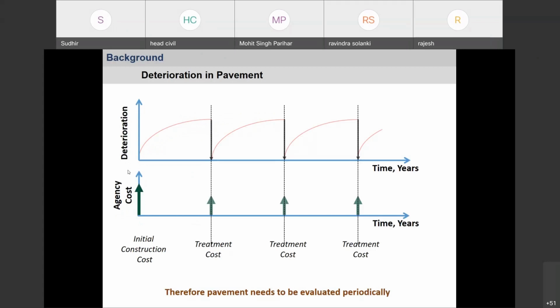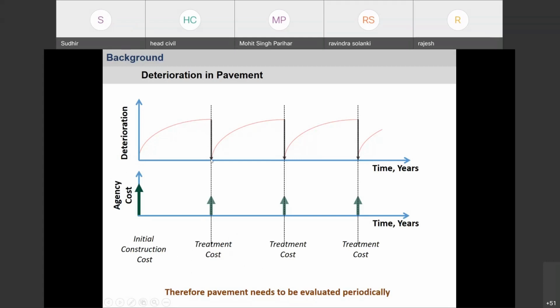Okay, so you can see in this slide now that there was some initial construction caused by the transportation agency, and after that the road was open to traffic, deterioration started to kick in, deterioration went on till certain point, and then transportation agency decided to provide some sort of treatment which will involve, of course, treatment cost, to reduce the deterioration level.